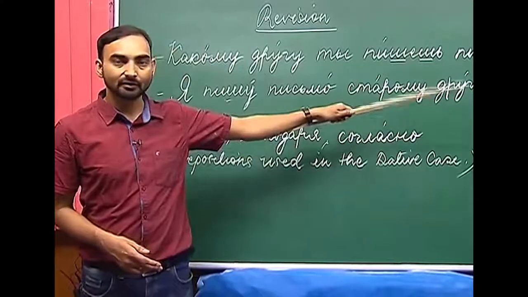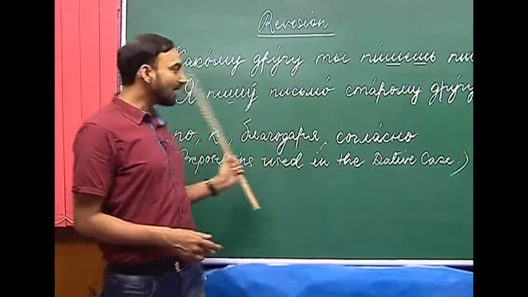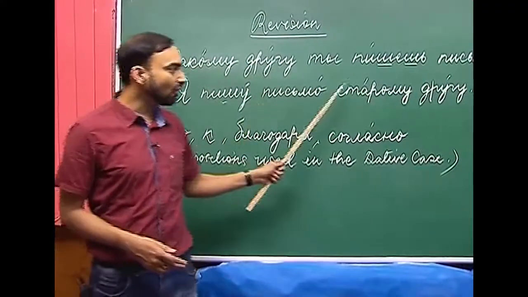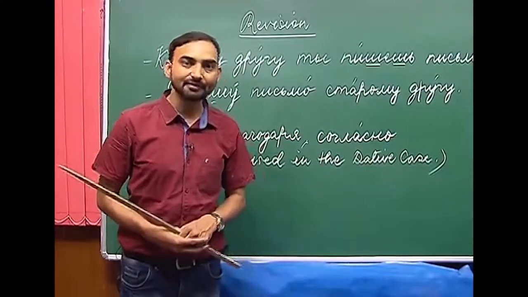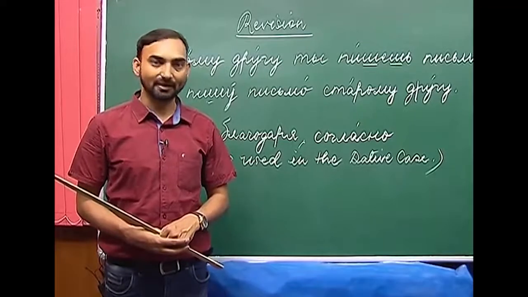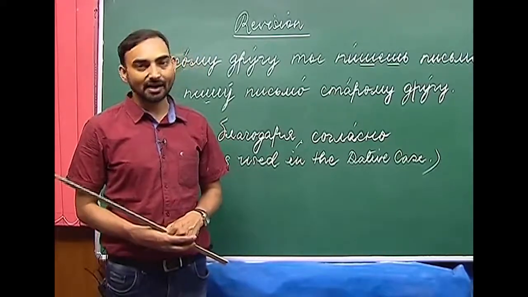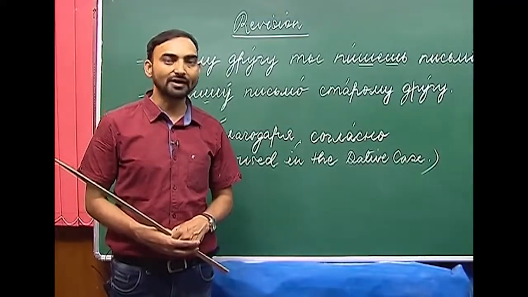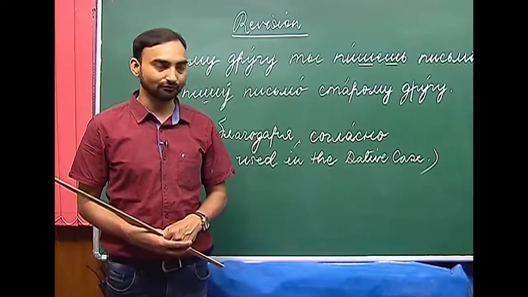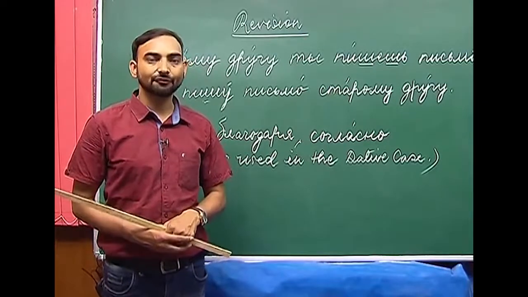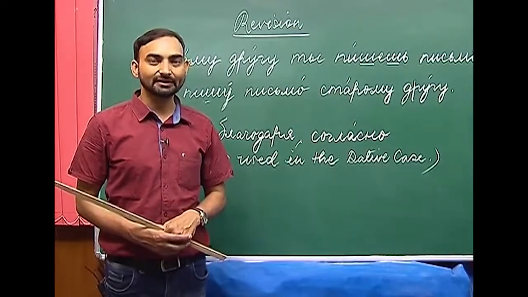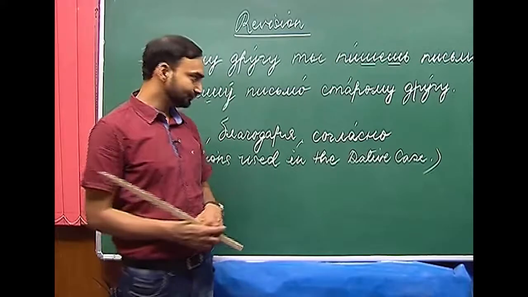Had it been padruga, we would have used ja pišu pismo starai padruge. So, stari becomes staramu with the masculine nouns and staraya becomes starai with a feminine noun. So, this is how we decline the form of adjectives in the dative case singular.